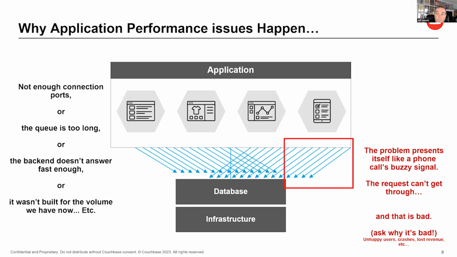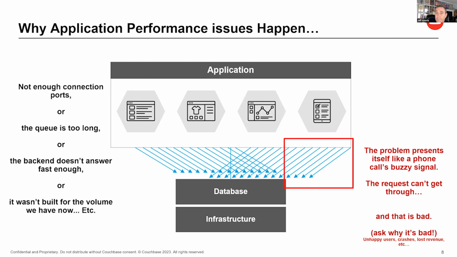And when things slow down, maybe you don't have enough connection ports, or the queue is getting too big and too long, or the backend doesn't respond fast enough, or it wasn't built for the volume that you're now experiencing. All of these basically create a busy signal in the application so that the request can't go through. They can't get to the database, and ultimately, that's what creates that terrible user experience.